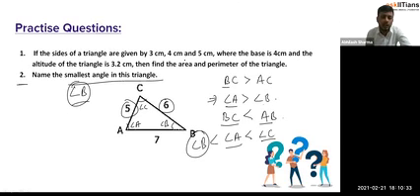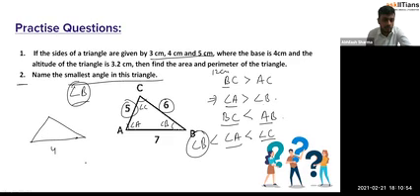If the sides of a triangle are given by 3, 4, 5, base is 4 centimeter, altitude is this much, find the area and perimeter. So of course, it is very easy to see that perimeter would be 3 plus 4 plus 5, 7 plus 5, 12 centimeter. Now, altitude is given to us.